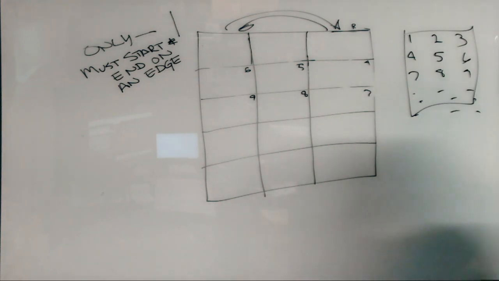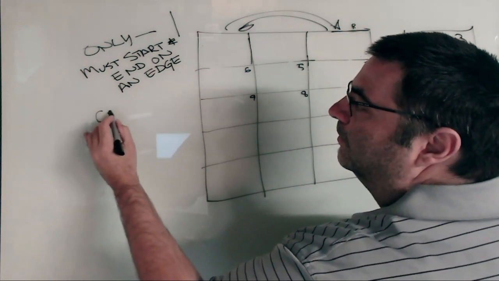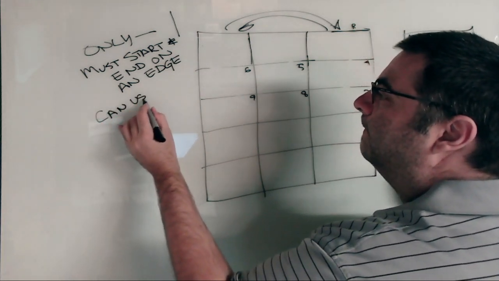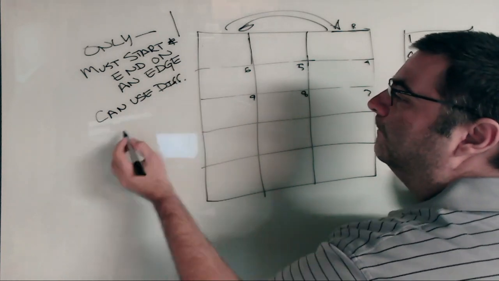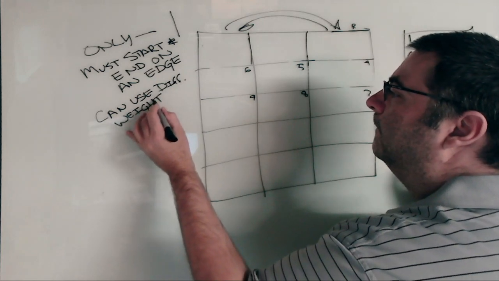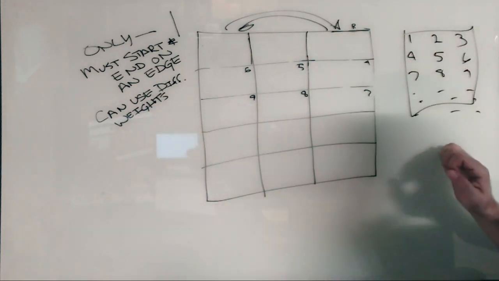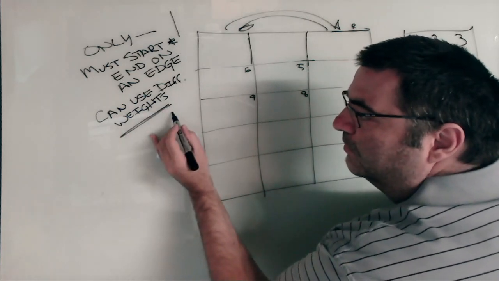You can do different thicknesses, so we're going to call that weights. Okay, so you can do really, really bold lines.